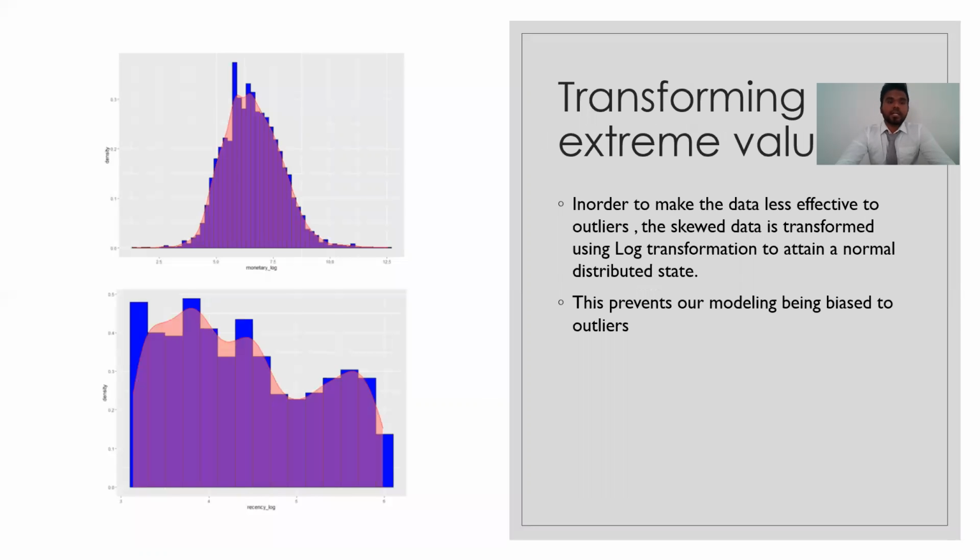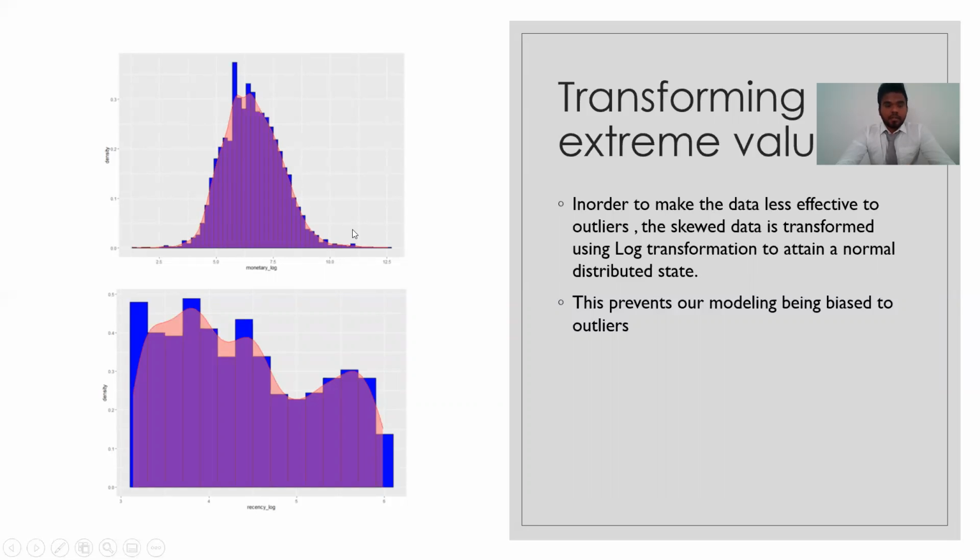So what I did is I transformed the data using log transformations, which made the distribution quite normalized compared to the previous skewed distribution. Here you can observe that the monetary data has been transformed to an almost really good normal distribution.